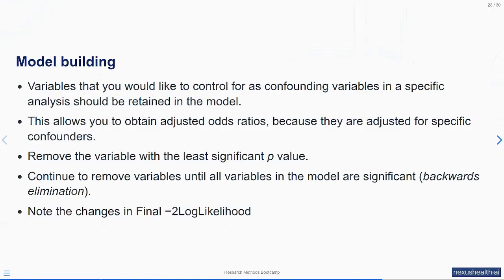Software is going to do it for you almost automatically. So the important thing is for you to understand the approach you used and how to interpret the model. There are other approaches we could use. We could use forward elimination or forward regression. We could use what is known as hierarchical regression. So there are different approaches, but the simplest one that you can easily understand is backward elimination.